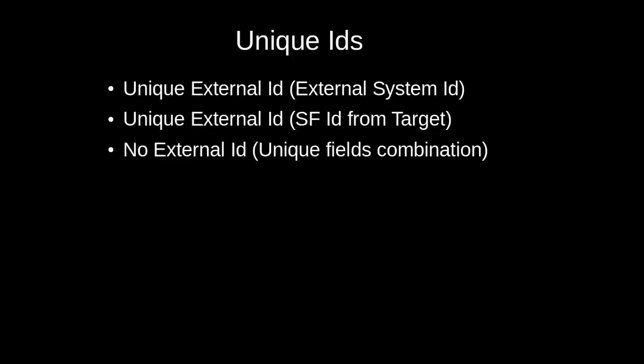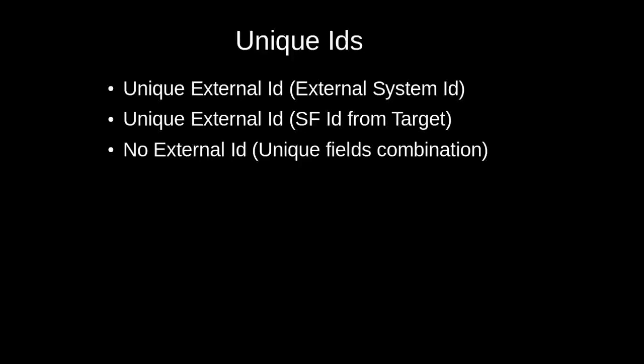If you have that, it's very good, but if you don't, then we have a second option. When we deploy our object, we take the Salesforce ID from the source org into our external ID field.